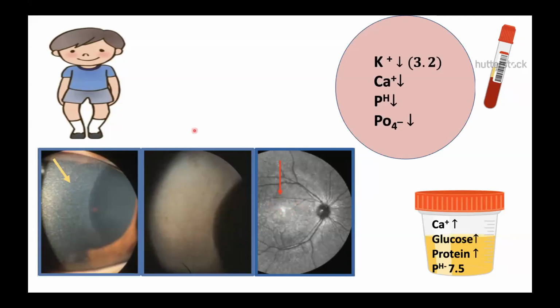You can see here. So finally, they diagnosed the case as cystinosis, though they didn't confirm it by genetic testing due to some financial issues.